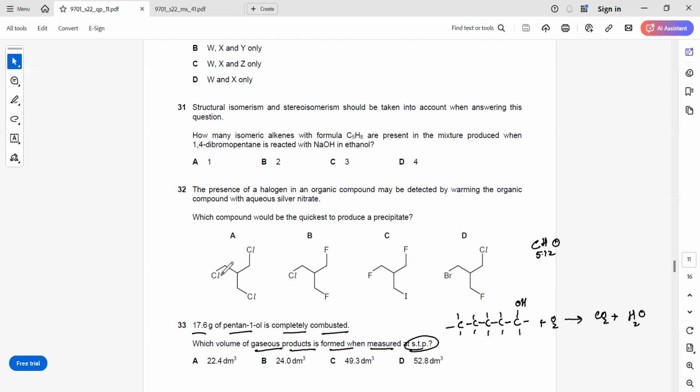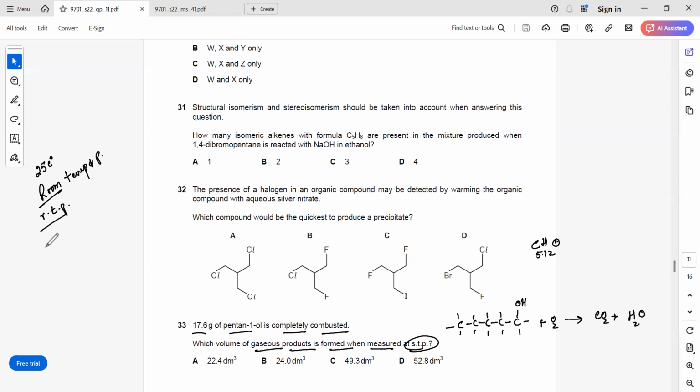So we have to remember one thing. There is RTP. RTP stands for room temperature and pressure. So when we say room temperature, that means 25 degrees Celsius.